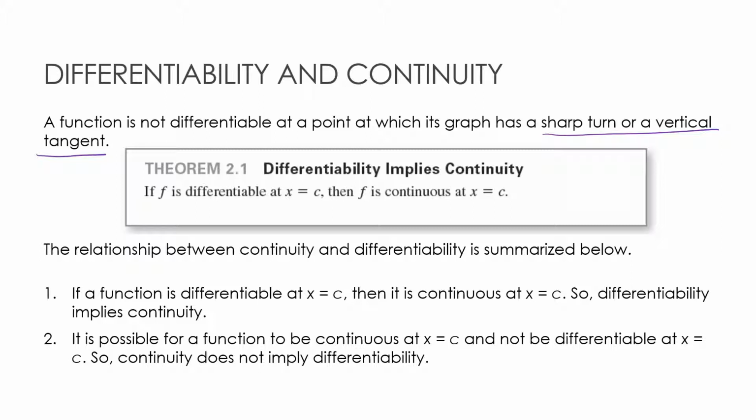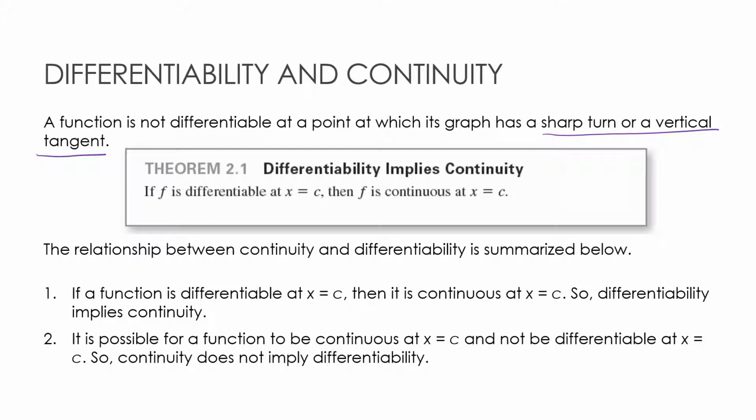And differentiability implies continuity says if our function is differentiable, it must have been continuous. We talked about the fact that just because it's continuous doesn't mean it's differentiable. Here we're saying because it's differentiable, it is continuous.